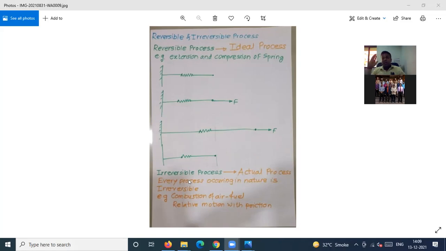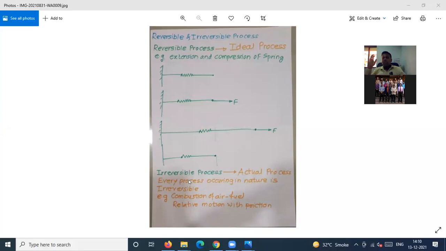The reason is that whenever any process occurs in nature, there will always be traces, either in the system or in the surrounding. That means both the system and surrounding are not going to return to their original state. That is why every process occurring in nature is irreversible.